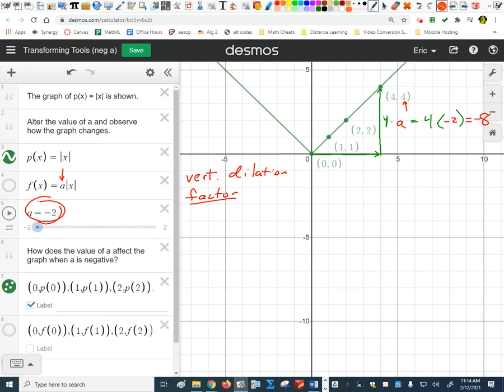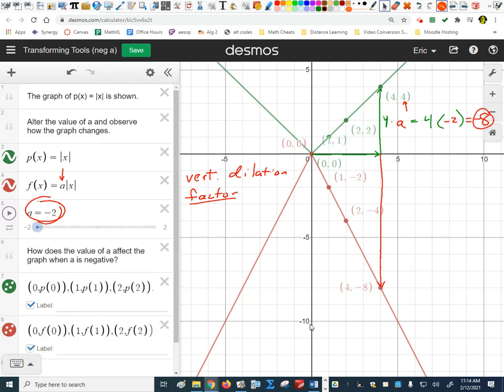So shouldn't I now go over 4 and my new height is going to be -8, because when I multiplied my normal parent height by a, I got -8. So I go over 4 and down 8 to get to that point. Okay, everybody agree? Looks like a lot of people agree. Let's see what happens. Oh yeah, look at that. Okay, everybody see that?